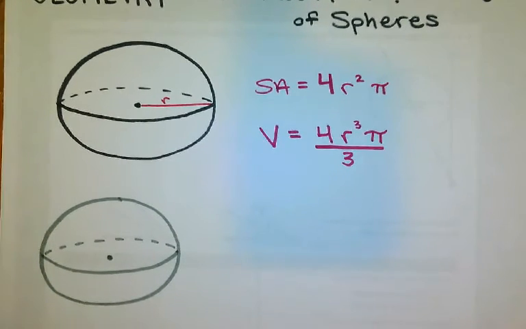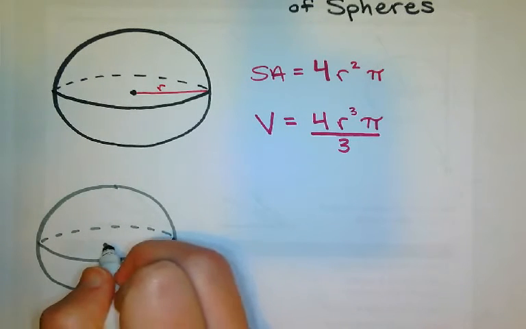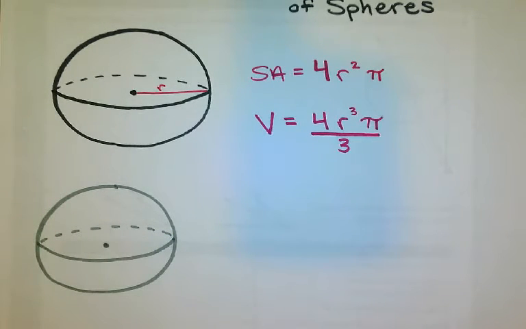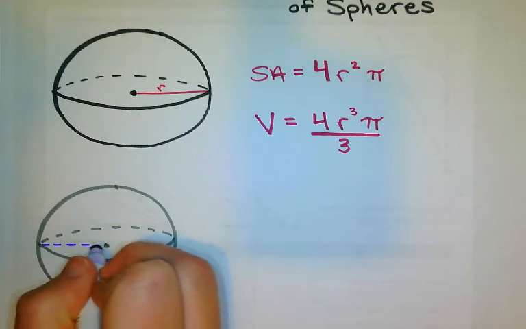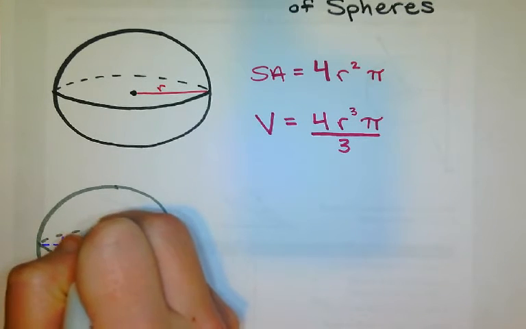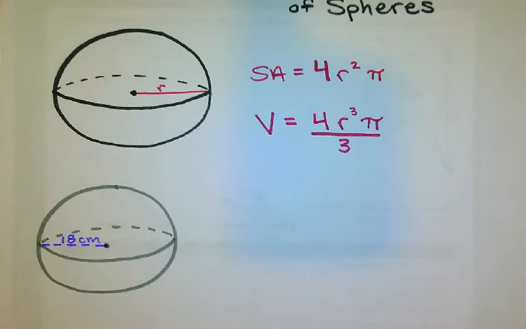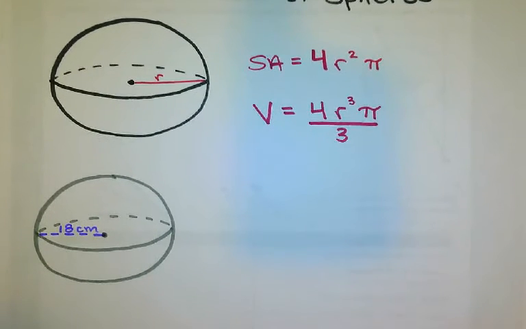So our first example here, I'm going to say that this right here is 18 centimeters. Can you guys see that okay? Can't answer me, but I'm going to assume that you can. So we're going to find surface area and volume of this sphere.